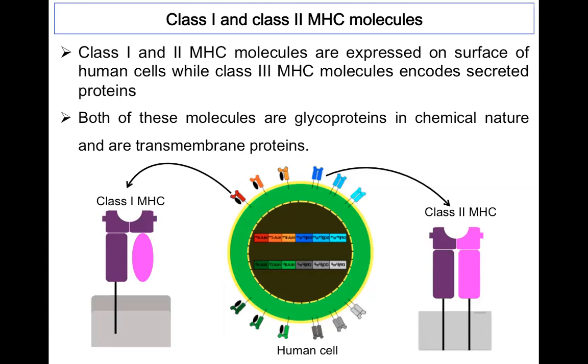Actually, if you go to developmental biology, we know that when the zygote is formed, one set of chromosomes comes from the father and the other from the mother. Similarly, these chromosomes carry the same mechanisms, and those MHC molecules which are expressed from the father's side chromosome are known as paternal, and the others are known as maternal.